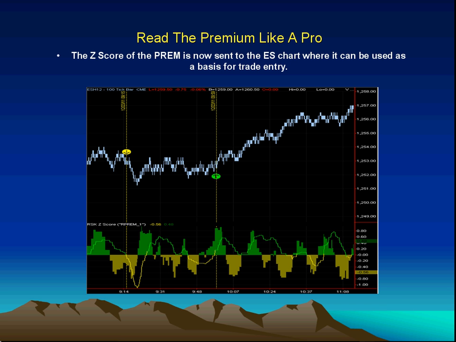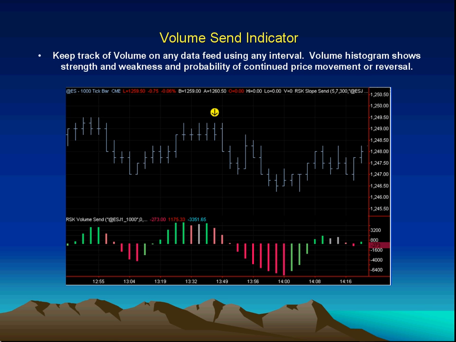Let's move over to our volume send indicator. Now, without going into a lot of detail on how volume is calculated here, suffice to say that when the histogram is green, volume is increasing. When it's red or a shade of red, it's decreasing, and we can see a corresponding move in the market.